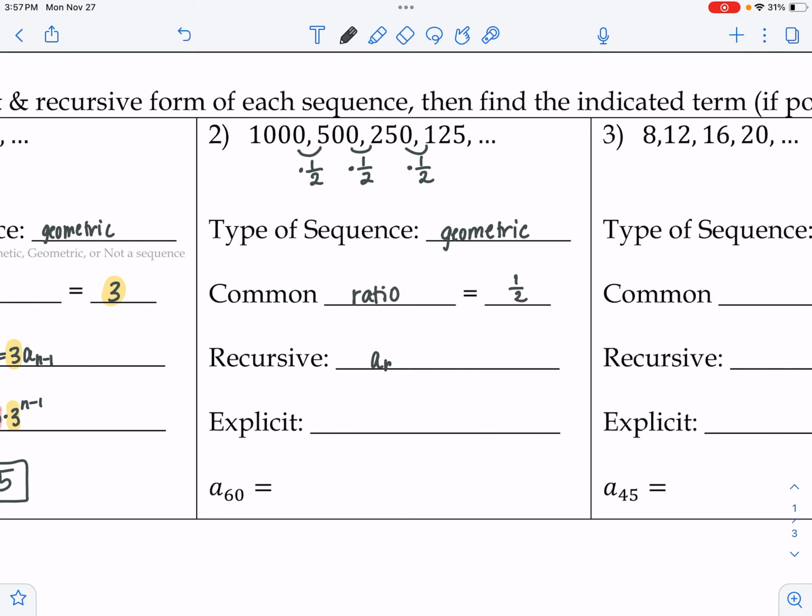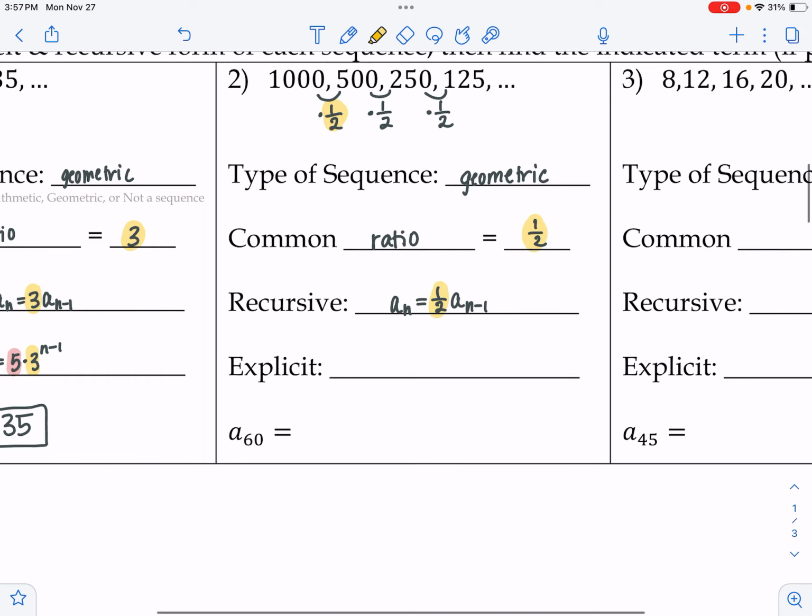So any term for our recursive formula is 1/2 times the previous term. Okay, the recursive formula just gives you the pattern. We recognize it was multiplying by 1/2, so it's a common ratio, and it appears in those 3 places.